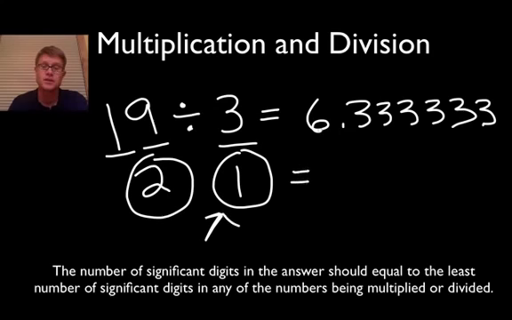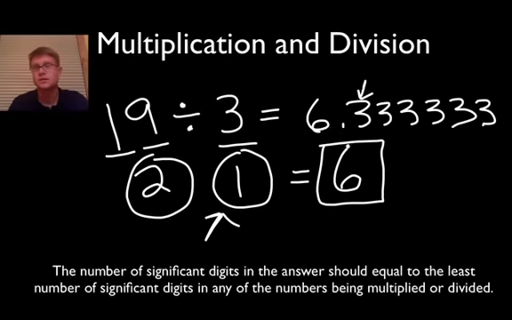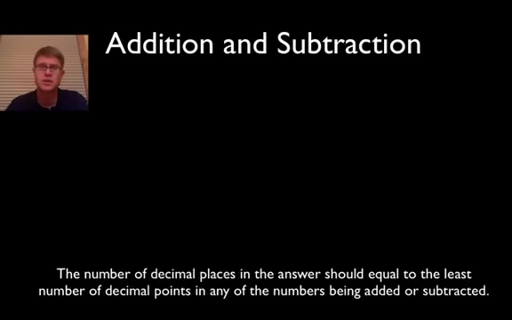And so what is my answer? Well, this is a 6, this is a 0.3, and so my answer would be 6. In other words, I'm going to use this number to round so I can get to 1 significant digit. And so the answer wouldn't be 6.33333. The answer would simply be 6. And so significant digits actually make your job a little bit easier.